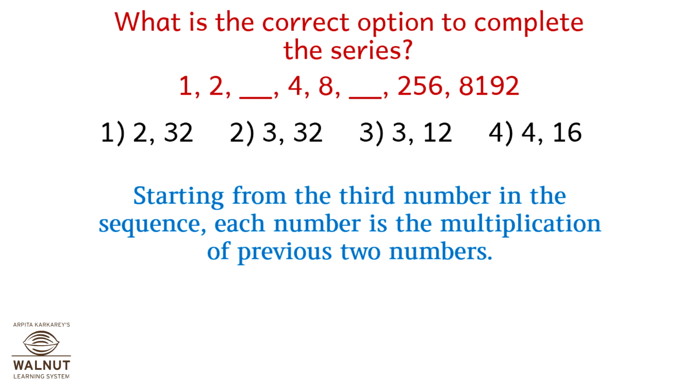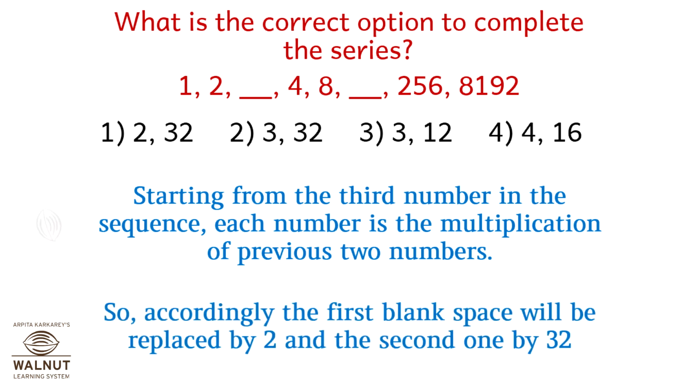So is that an option? Yes. Option 1 seems to be right. Let's check further. Now 32 into 8 is 256. And 256 into 32 is 8192. So looks like option number 1 is the correct answer.